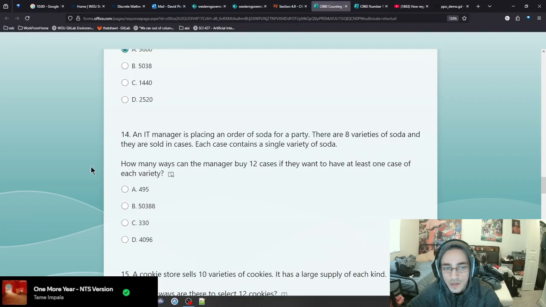Okay, so let's go back. There are 8 varieties of soda, and they want to get 12. They want at least 1 case of each variety, so they're gonna get 8. 1 of each, at least. Right. Alright, let's just try this out.